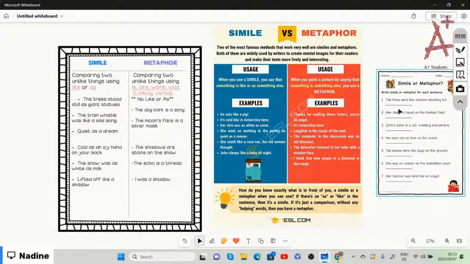And when you paint a picture by saying that something is something else, you can use a metaphor.